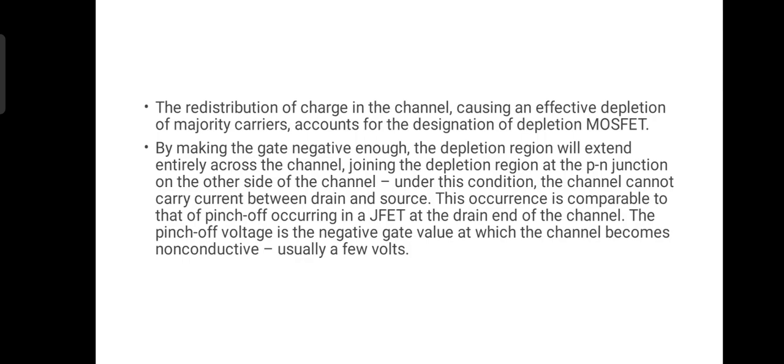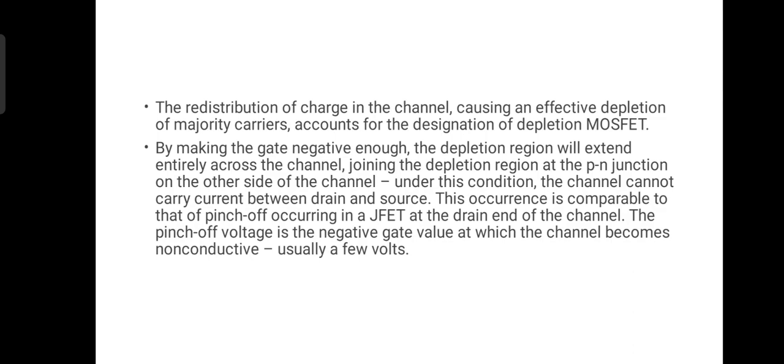The redistribution of charge in the channel, causing an effective depletion of majority carriers, accounts for the designation of depletion MOSFET. By making the gate negative enough, the depletion region will extend entirely across the channel, joining the depletion region at the PN junction on the other side of the channel.